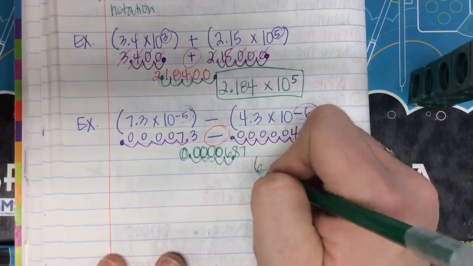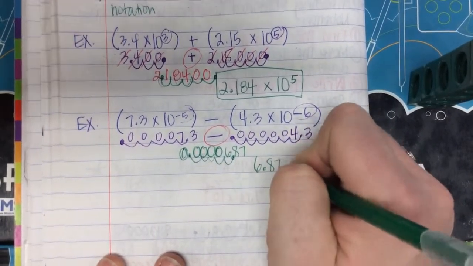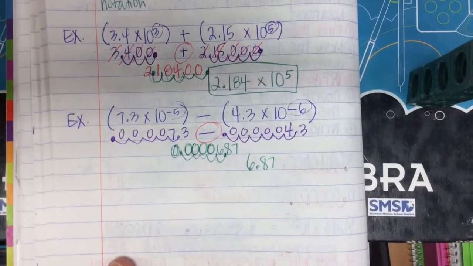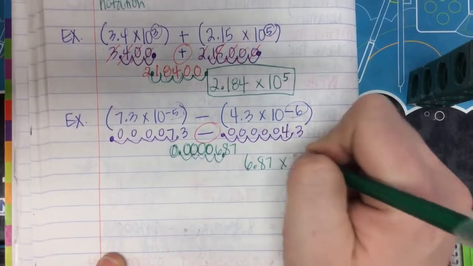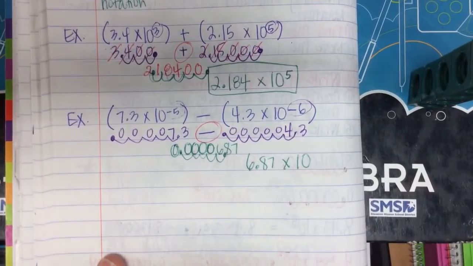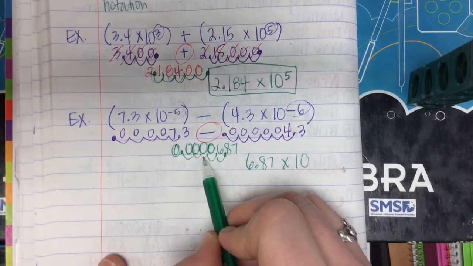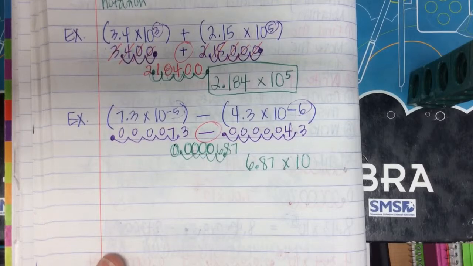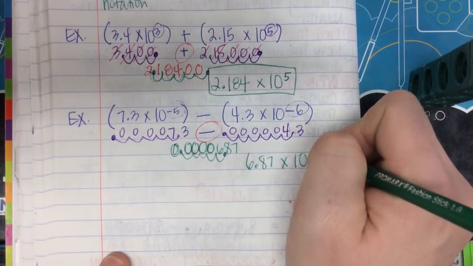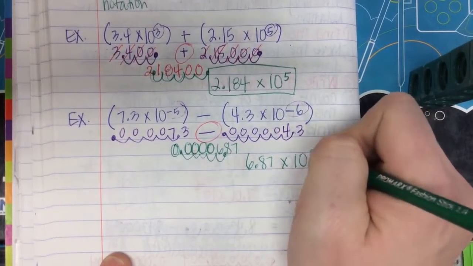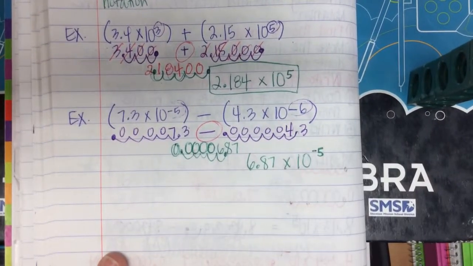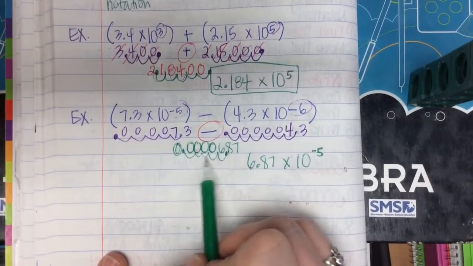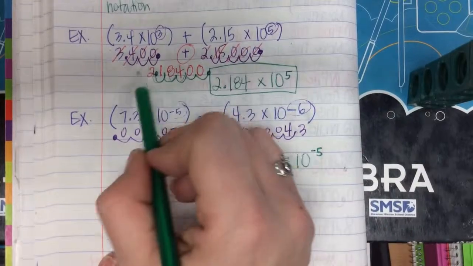So I'm going to write 6.87, 6 and 87 hundredths, times 10. And I moved 1, 2, 3, 4, 5 times. Am I going to write 5? Why is this one negative 5? Because it's a small number. This one was positive because it's a big number.